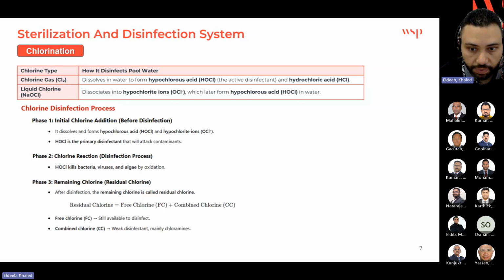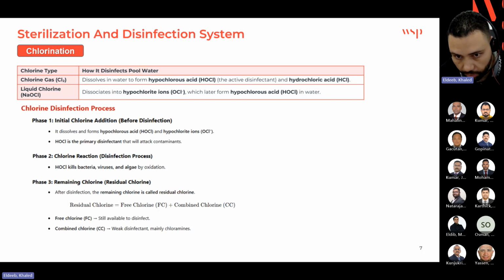Then in phase two, the reaction, the disinfection process itself. In this phase, the free chlorine interacts with the contaminants. The free chlorine attacks bacteria, viruses, and organic matter, and once it reacts, it is used up and no longer available in the water.